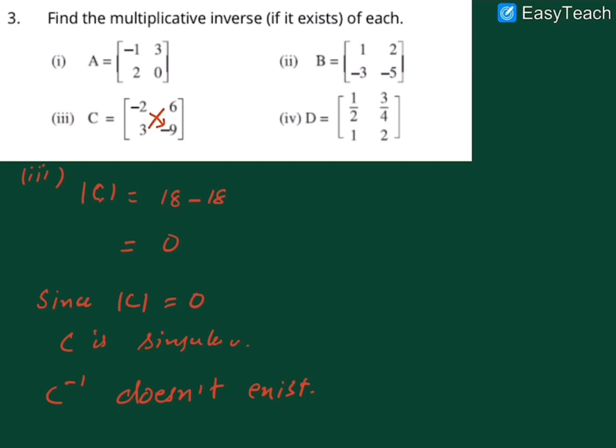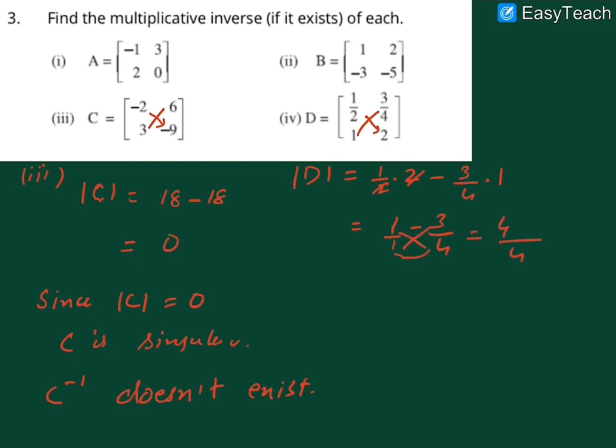So what is D? D is this one. So D determinant. Multiply this with this. 1 by 2 times 2 minus 3 by 4 times 1. So you will get 1 minus 3 by 4. Down here we have 1, multiply 4 with 1, we will get 4.